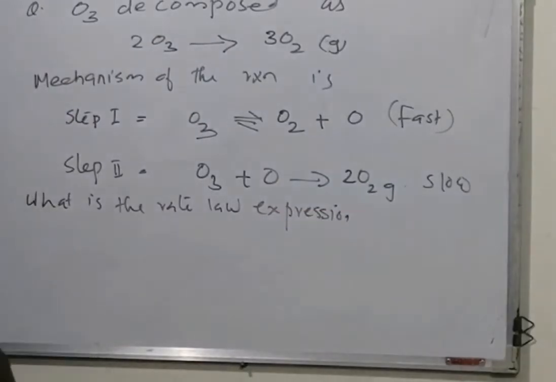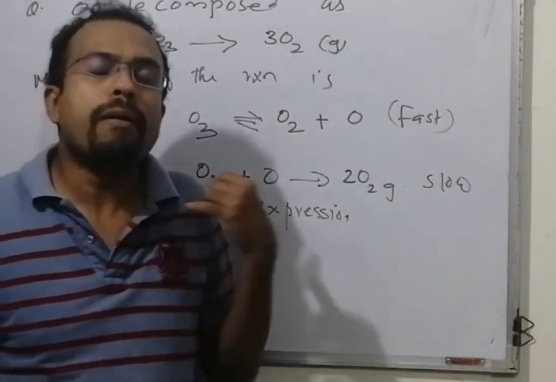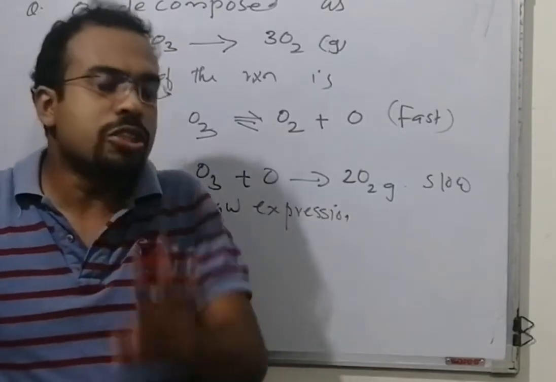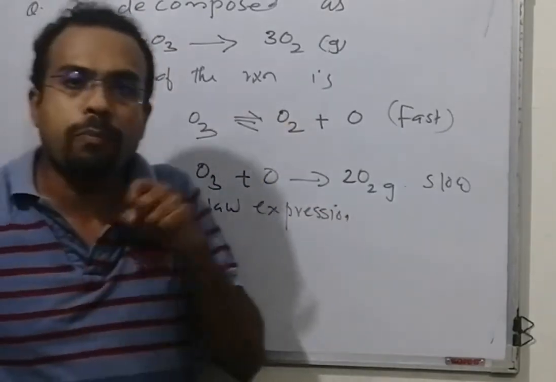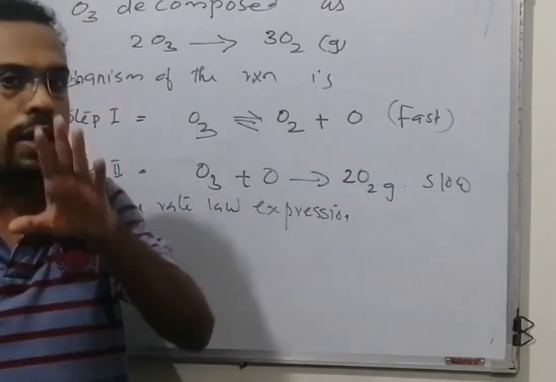Okay, this is the question. Many students apply the steady state approximation here. I suggest that if there is a question like this, where step 1 is fast and step 2 is slow, you don't apply it.